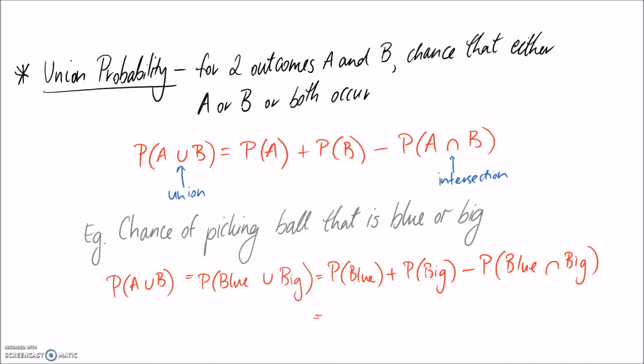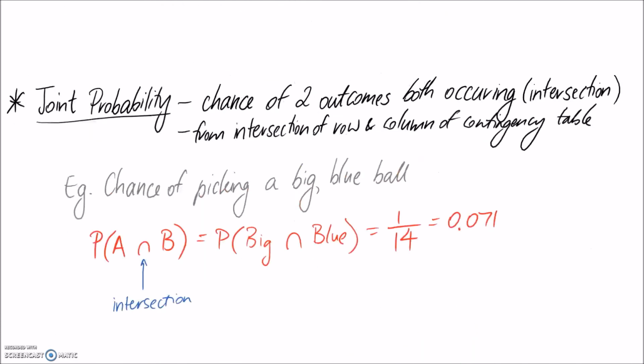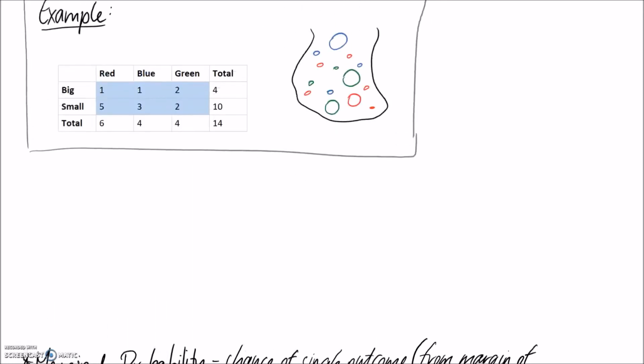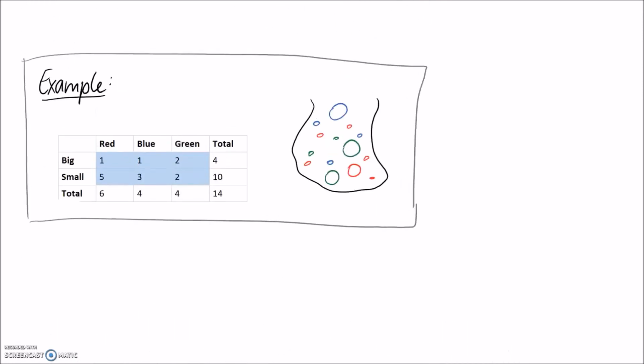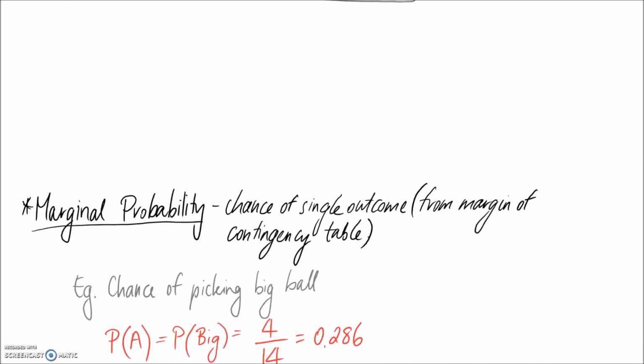So the probability of blue and the probability of big, that's our marginal probability cases. Looking at our contingency table, the probability of our ball being blue is going to be from the margin, so 4 divided by 14. And the probability of it being big is going to also actually be 4 divided by 14 there. So let's write those in.